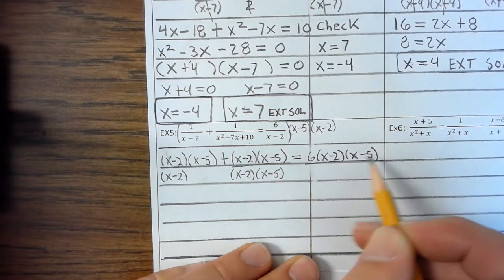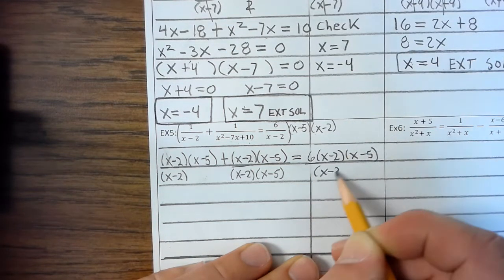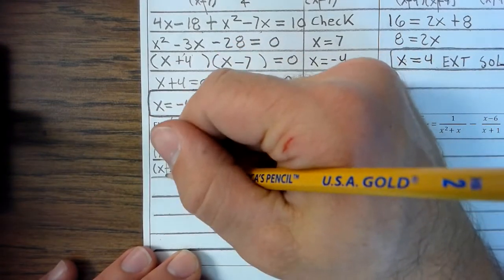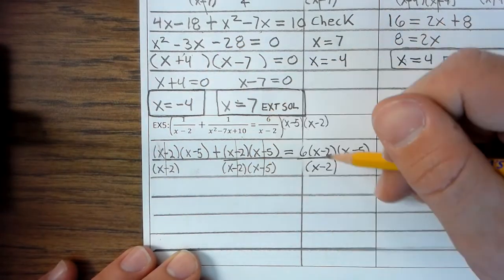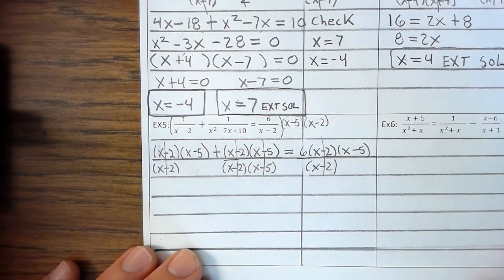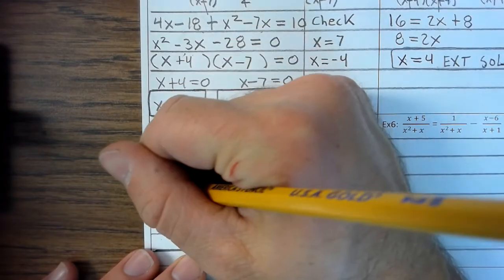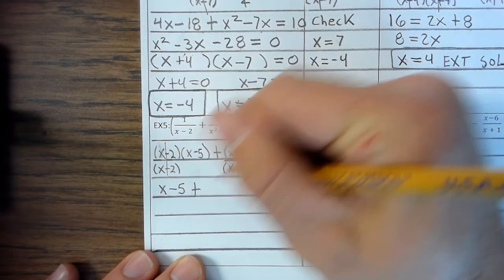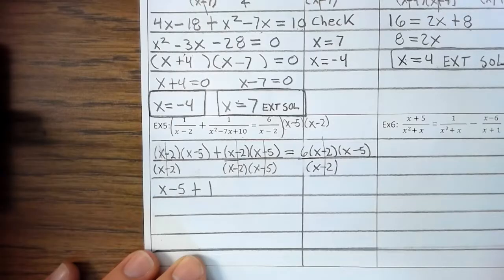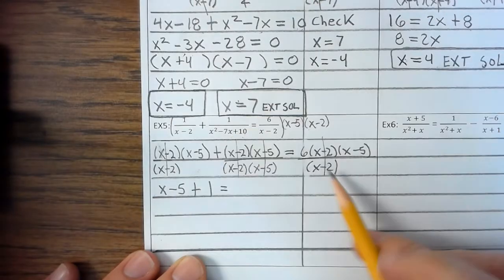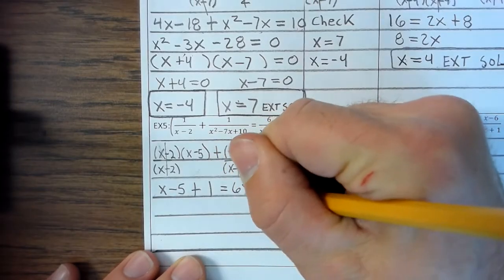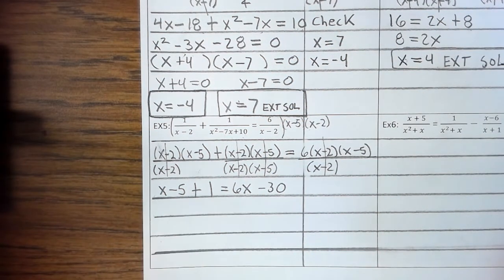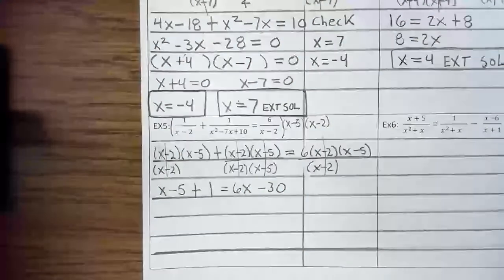Okay? So now we're going to divide, so that divides and becomes 1, divides and becomes 1, divides and becomes 1. Okay? So then you're left with x minus 5 plus 1 equals, now we distribute the 6, so it's 6x minus 30. Okay? So now we're going to combine terms here.